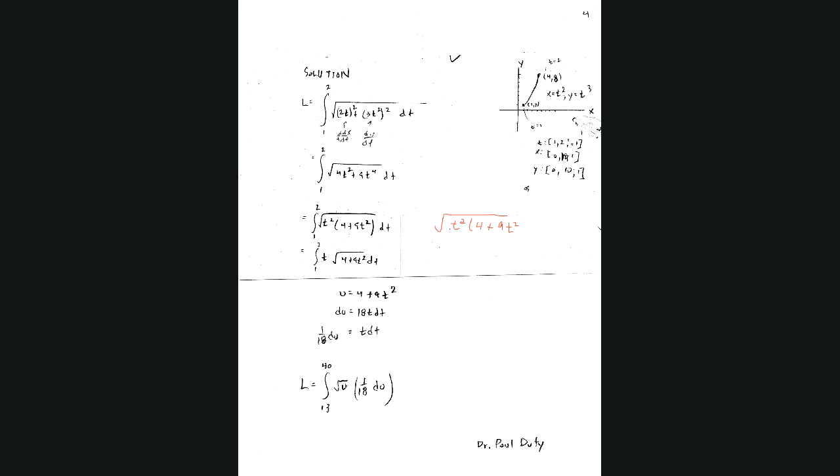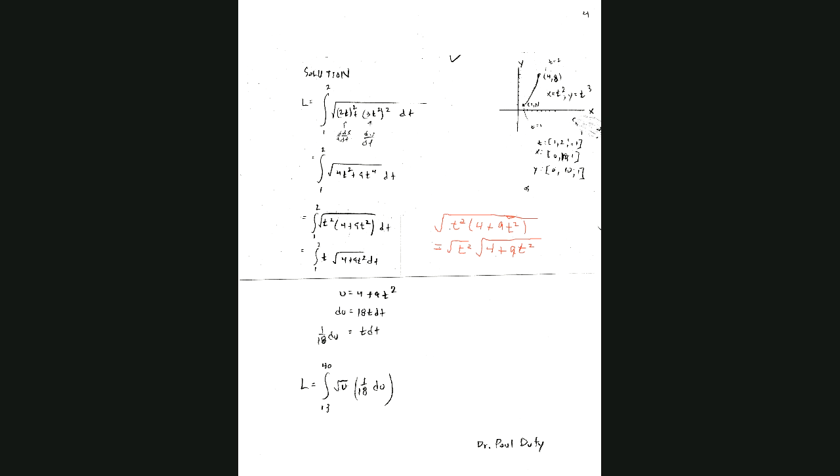The square root of t squared times 4 plus 9t squared is just the square root of t squared times the square root of 4 plus 9t squared. And the square root of t squared will come out then as this t here.